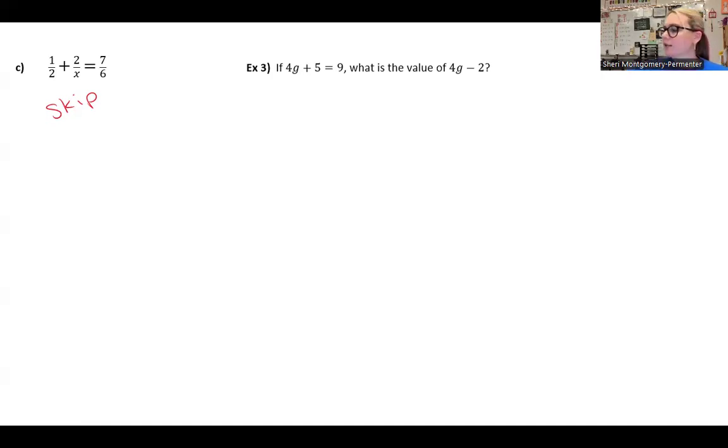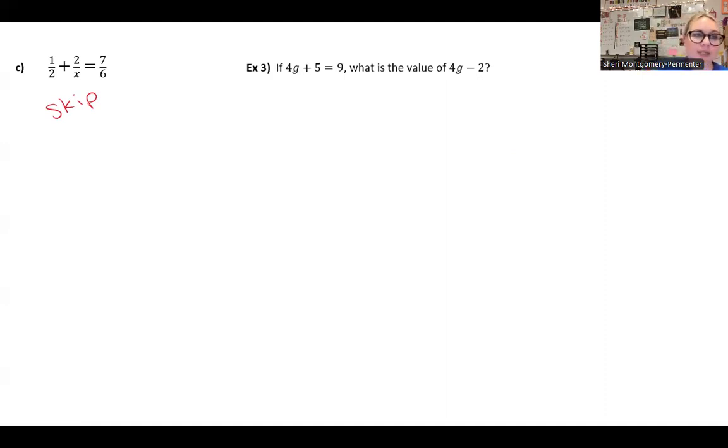So we're going to flip over onto the back and we're going to do the first one on the back. So this one is a very big TSI type question where it's like an if-then type problem almost. It says if 4g plus 5 equals 9, what's the value of 4g minus 2? You can't even do this unless you know what g equals.